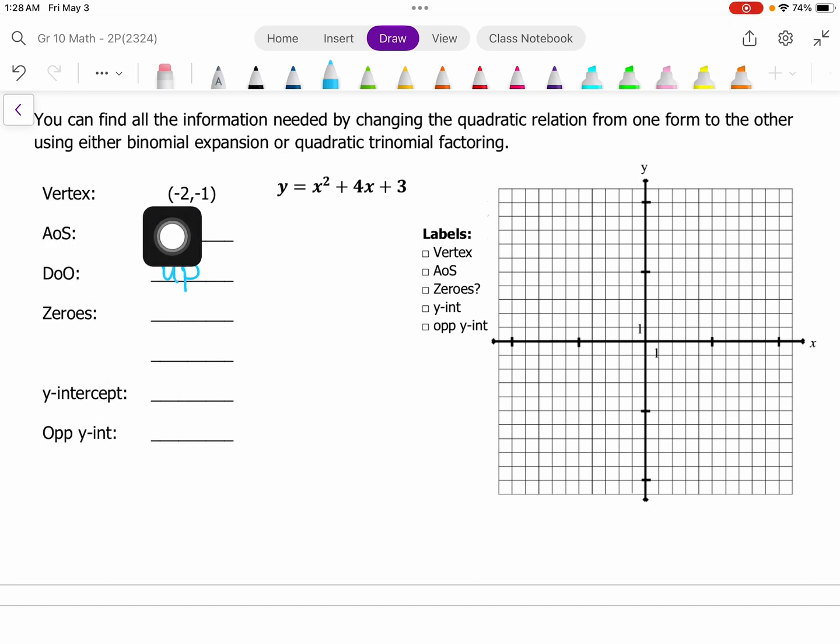From our vertex, the x value is the same as what our axis of symmetry is equal to, so x equals -2. So we can go ahead and plot our vertex at x is -2 and y is -1.